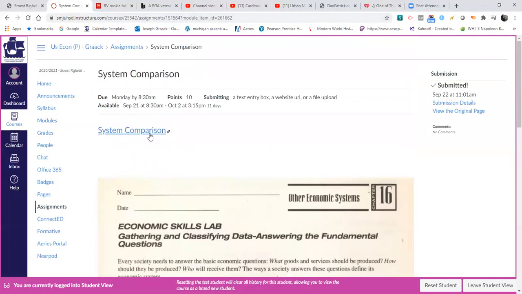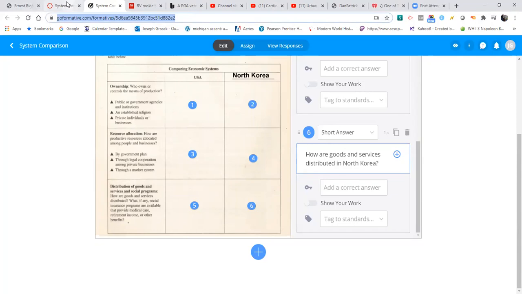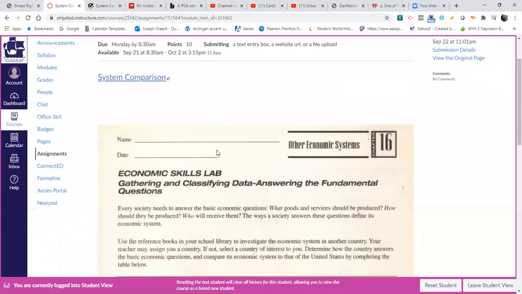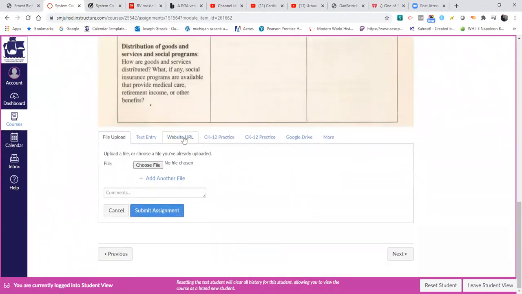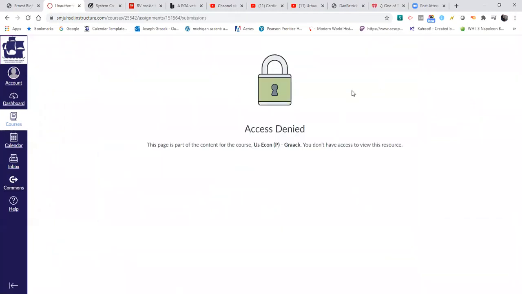And if you did this in Go Formative, after you hit the submit button, you're going to copy your URL up here, or you take a screenshot, or you can copy and paste the text, but this would be the quickest way. Go down to website URL, just like you did before, the case study from last week, submit your assignment, and you'll be set on that.